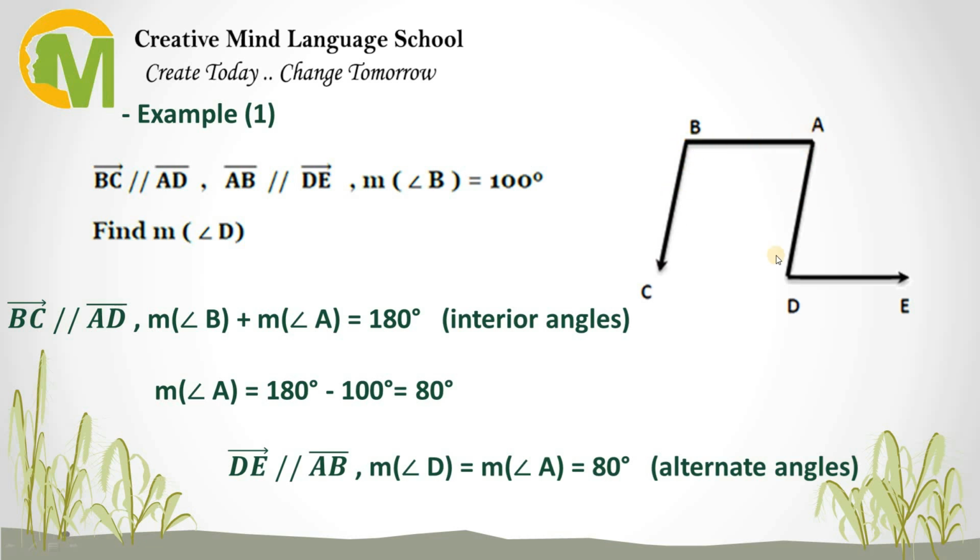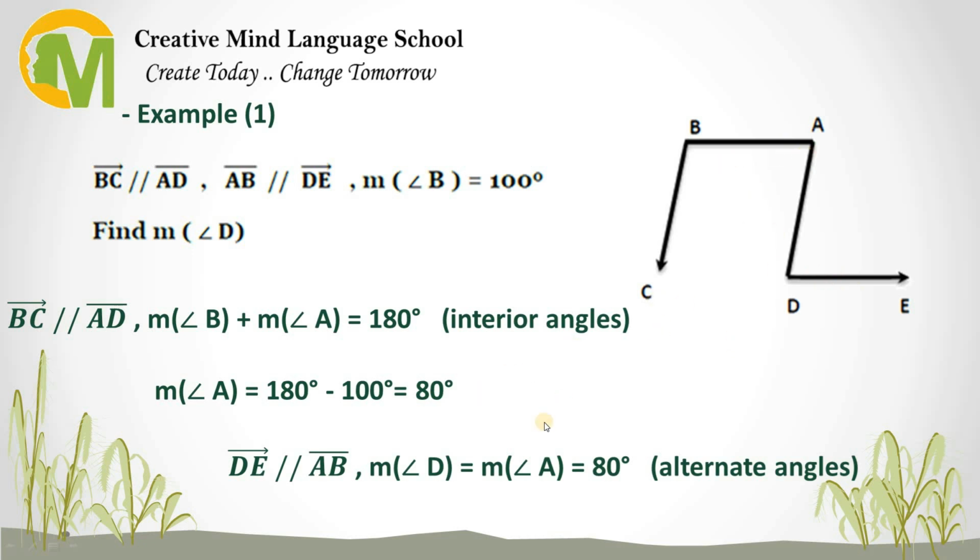You can see here that this is a U shape or a C shape between two parallel straight lines, and the two interior angles are here, angle A and angle B. So the sum of these two angles should be 180 degrees. Then we can deduce that measure of angle A equals 180 degrees minus 100 degrees, which is 80 degrees.